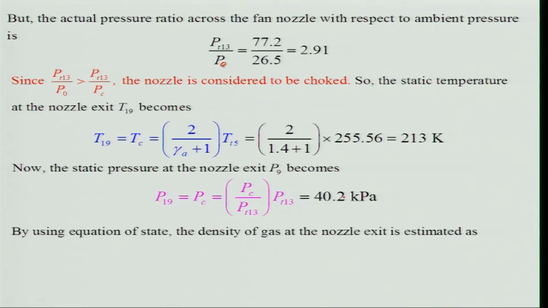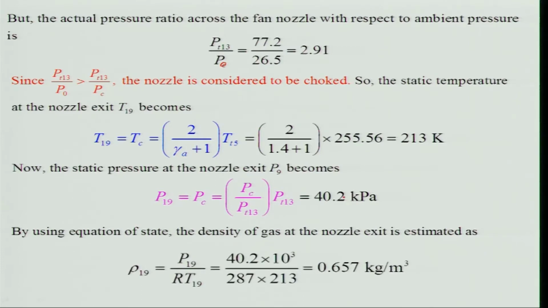By using the equation of state, the density of gas at the nozzle exit can be determined, because you know P19, you know T19, and then substitute those values.